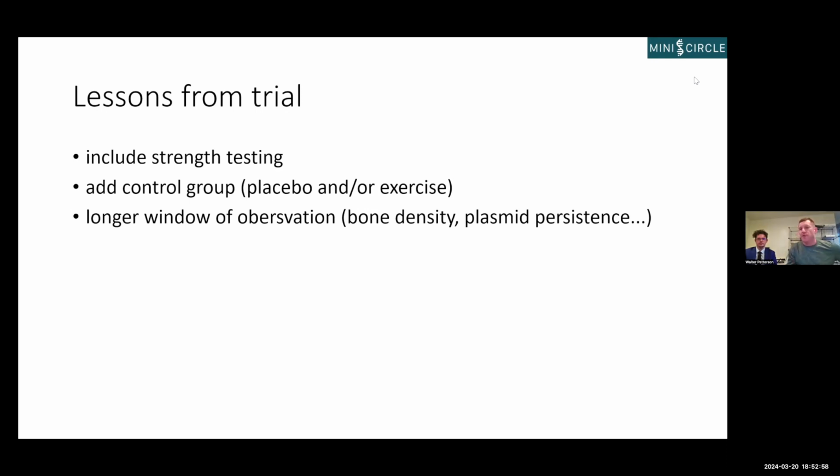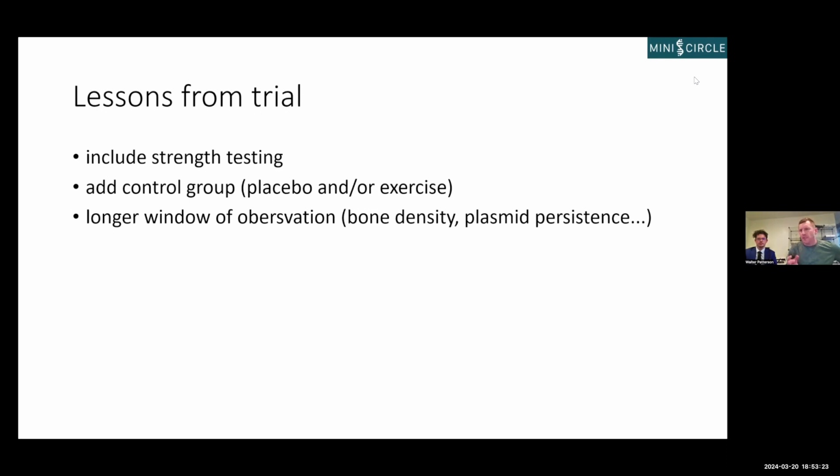One safety concern that people have cited is, would follistatin decrease FSH, follicle stimulating hormone? When follistatin was first discovered, its biological function was, I think, suppressing FSH. The results are not pictured here, but we did not see a decrease in FSH, which is good.